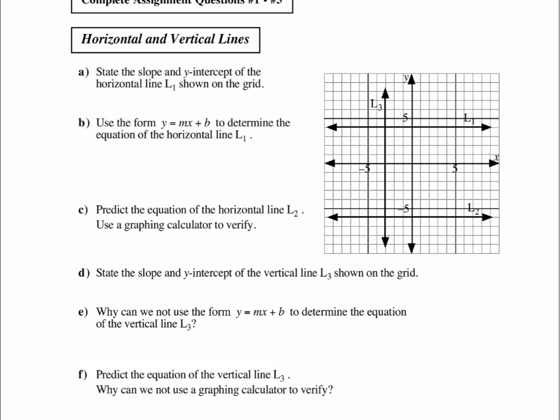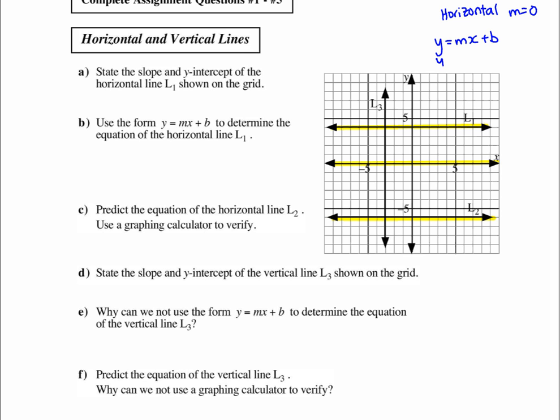Okay, horizontal and vertical lines. We talked about this yesterday. We're just going to make the equations. When we have a horizontal line, what is the slope? 0. So technically, for a horizontal line, you can still use mx plus b, because your slope is 0.